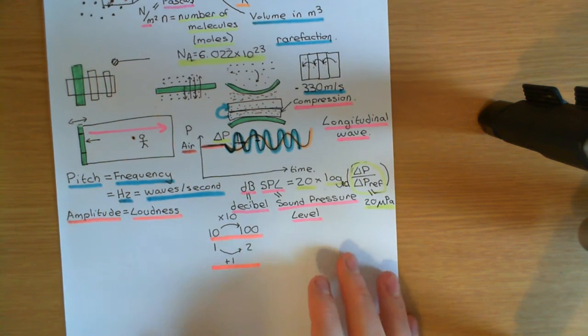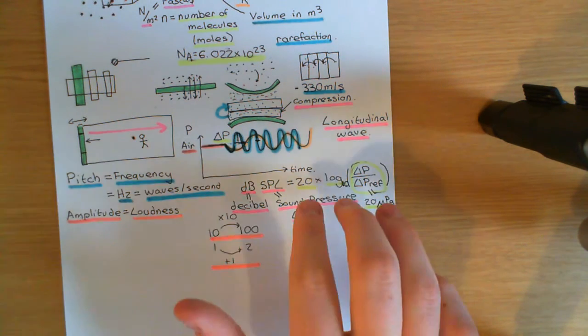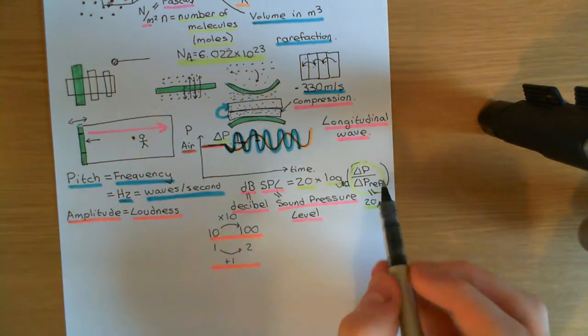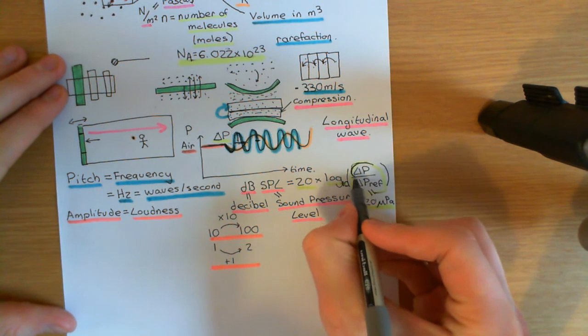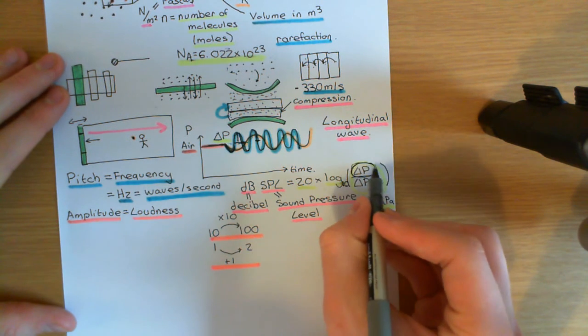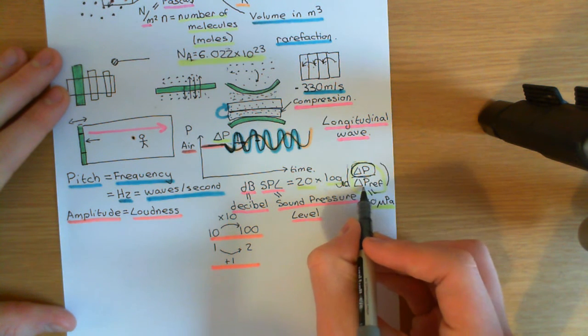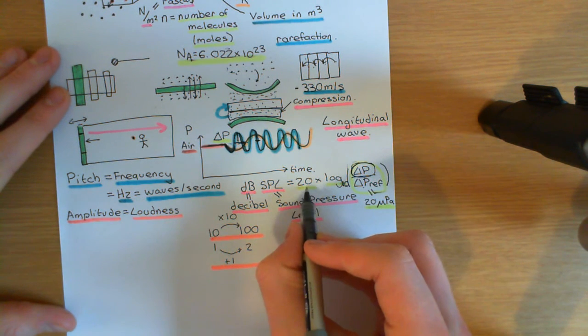Okay, so that is what is meant by the decibel sound pressure level, and although this is a complicated formula, I hope you understand that the only variable in here is this. The answer that you get completely depends on what number you stick in here. This is a constant, this is a constant, this is a constant.